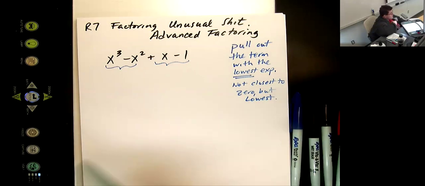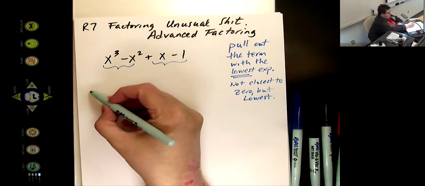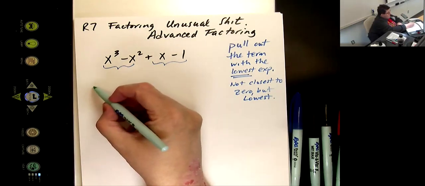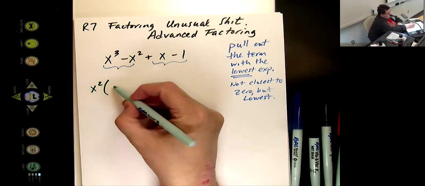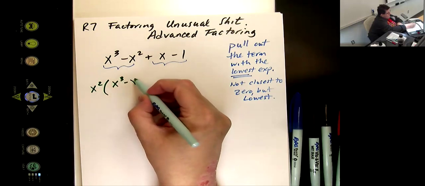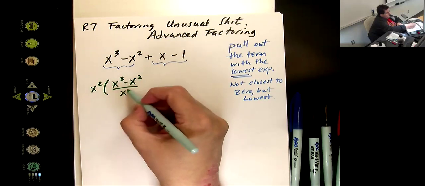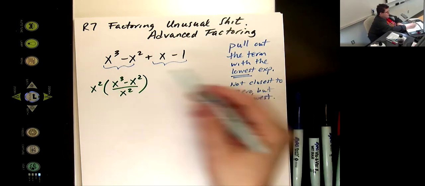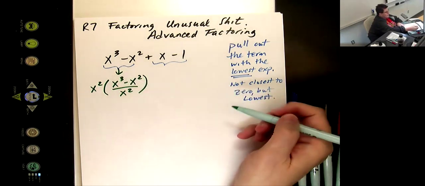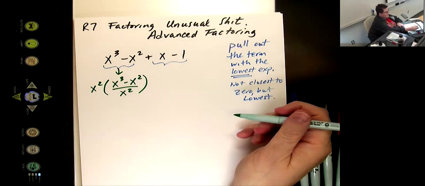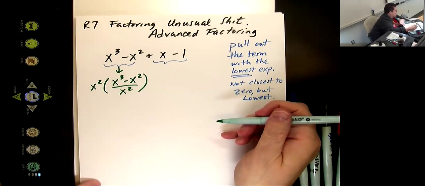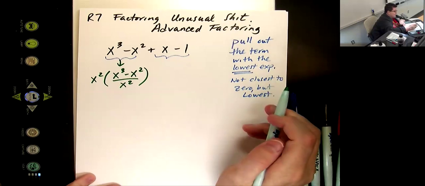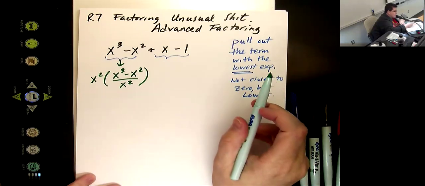So the term that's got the lowest exponent is x squared. If I pull out an x squared, I can see what I have left if I just divide this by x squared. I'm just gonna do the first part real quick, and I'm doing it slower than we did before because it's gonna lead into how you can do the factoring of the hard stuff.